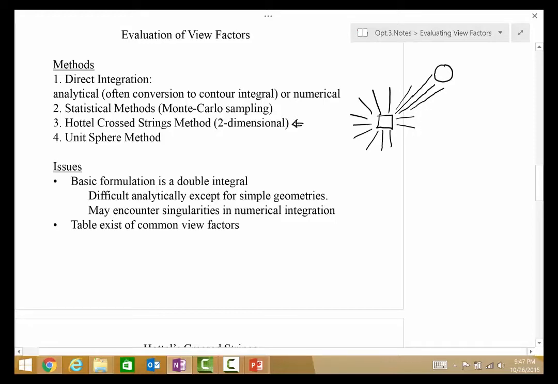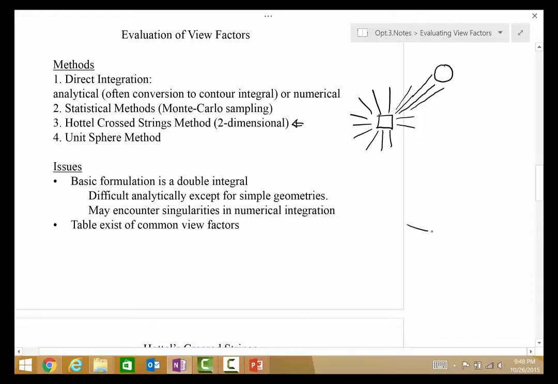And experimentally, people use a unit sphere method. In the unit sphere method, one of the ways to think about it is that you look at a reflecting hemisphere, for example, and ask yourself what fraction of the hemisphere.